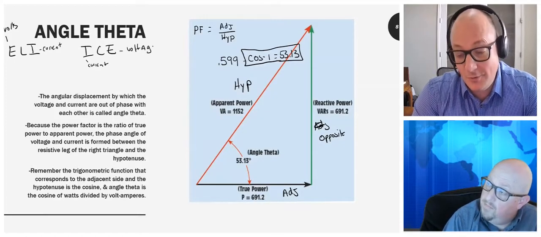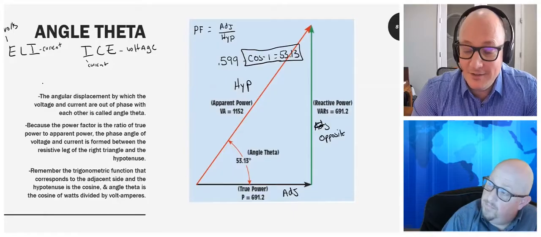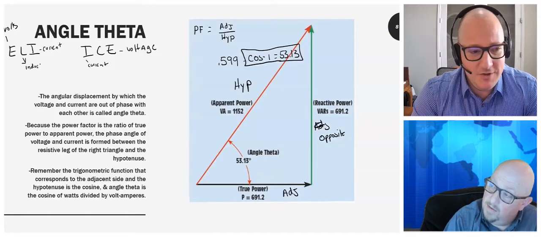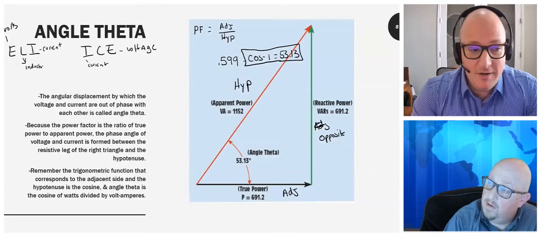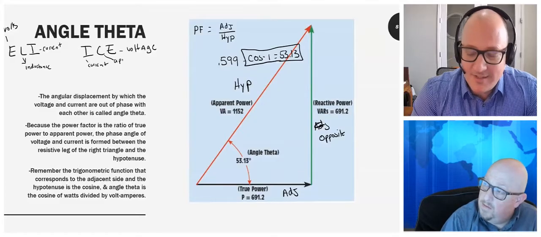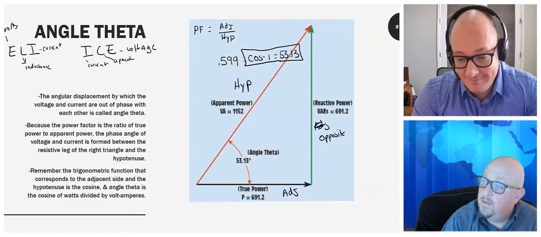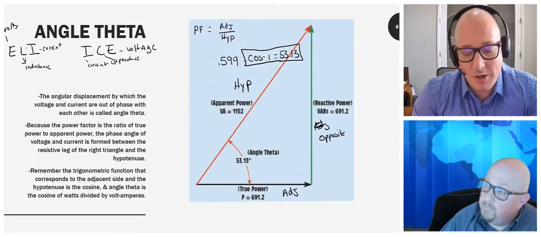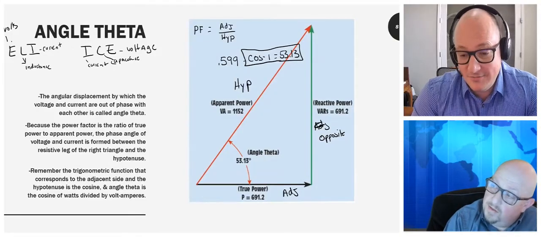Vectorially, the way inductors and capacitors add, XL and XC, whatever the reactive powers, because they're 180 degrees apart, it's easier to say I just take the difference. I just subtract them. That's how they're going to add vectorially anyway.